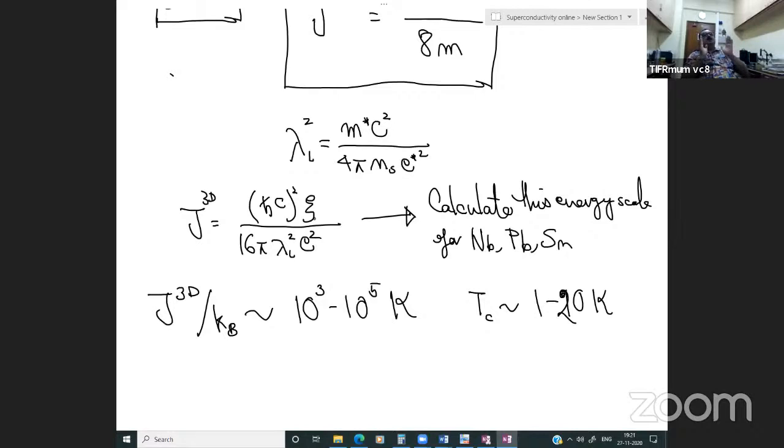You can see that J3D depends essentially on two things: the coherence length, to which it is proportional, but it depends even more strongly on the penetration depth, being inversely proportional to the penetration depth squared. So how can this quantity become relevant?